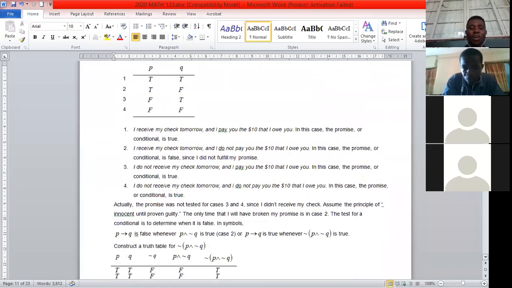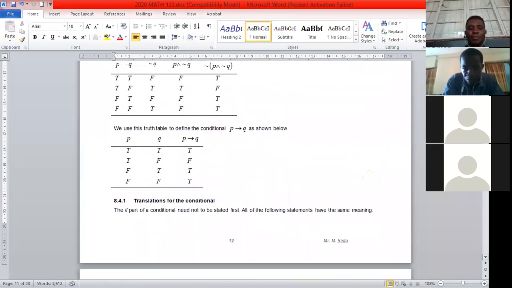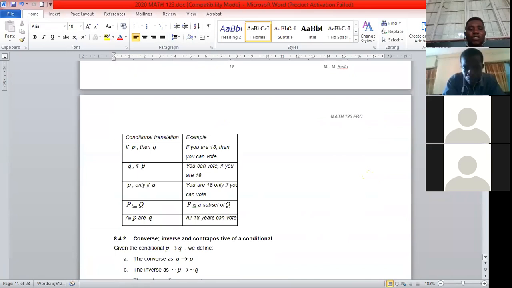All of these statements that you see here represent conditional statements, and they represent the same thing. That is, if P, then Q. Say, for example, when I see that type of statement, then I know it is a conditional statement. Q, if P, is also a conditional statement.